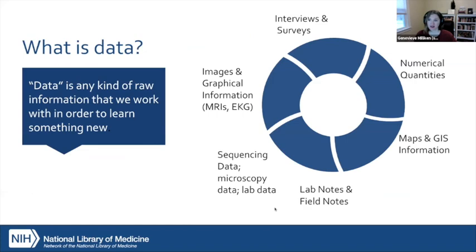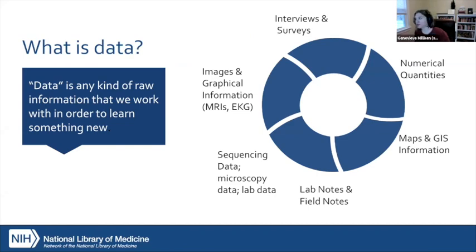Okay, so this is a little talk on data management. So let's talk about data. So a very generalized definition is this idea that data is any kind of raw information that we work with in order to learn something new. Some examples may be qualitative data, so surveys and interviews, numerical data, map and GIS information.